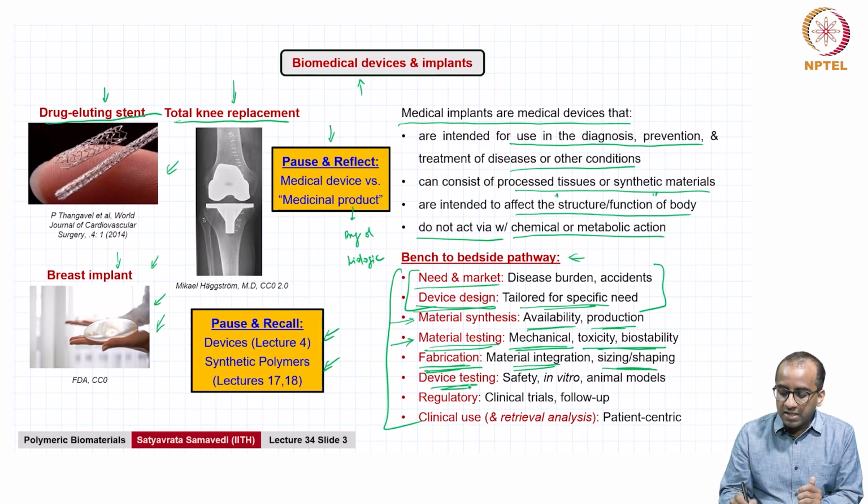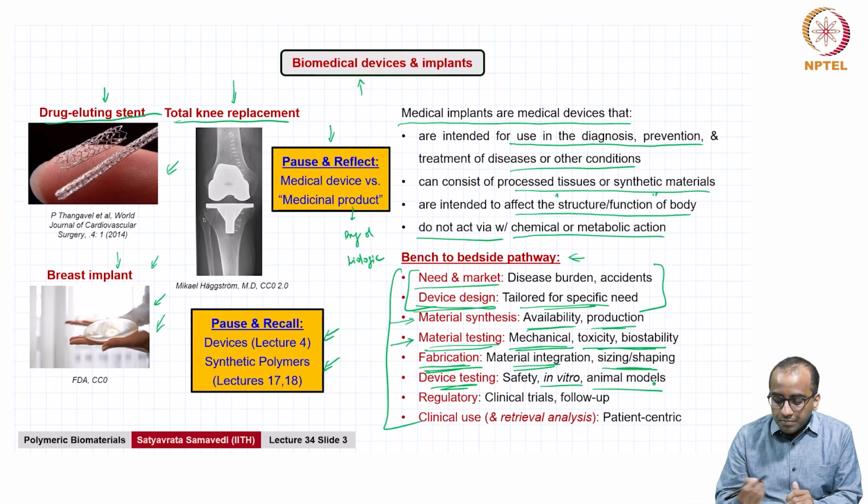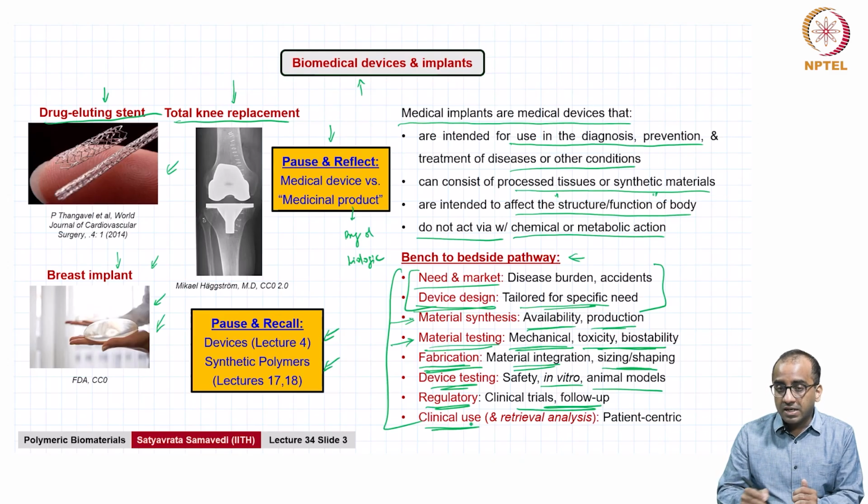Then there is device testing, particularly looking at safety and effectiveness, both in vitro and animal models. And then comes the regulatory aspects, where you get approvals for clinical trials and follow-up as well. And finally, clinical deployment and use, which is typically patient-centric.